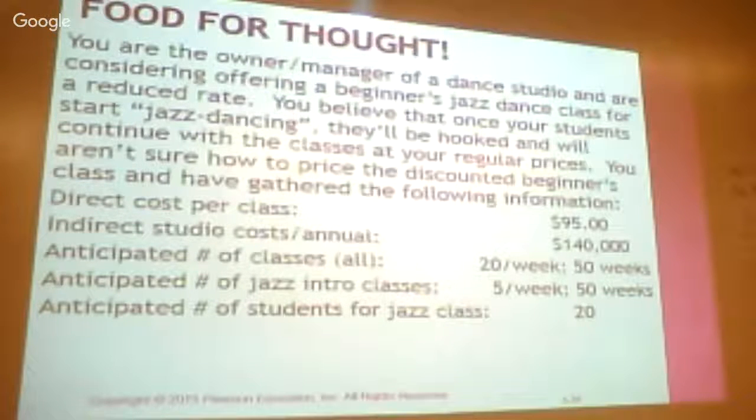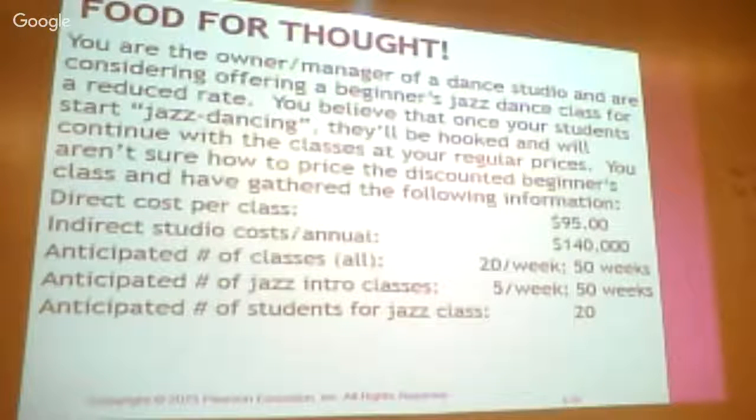We have a total of 1,000 classes, right? Okay, so 5 per week, we have 5 times the 50. That's 250. Okay, so if I have 1,000 classes, I have the 140 divided by 1,000. That gives me what?